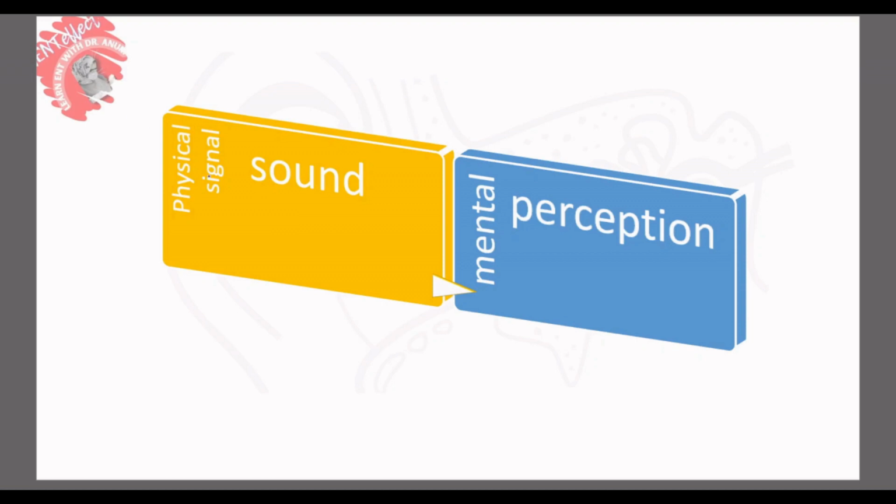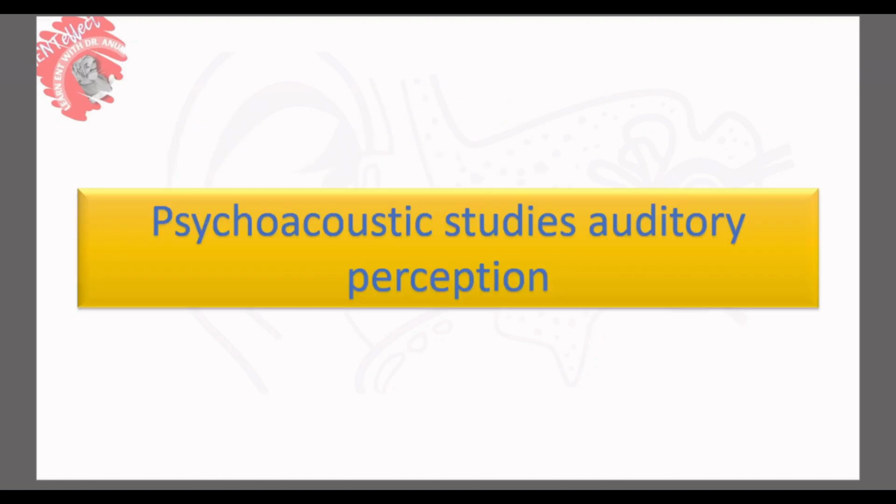Psychoacoustics deals with the physical signal of sound and how it is converted into mental perception. So basically, psychoacoustics deals with the mental perception of the physical signal of sound, and it studies auditory perception.